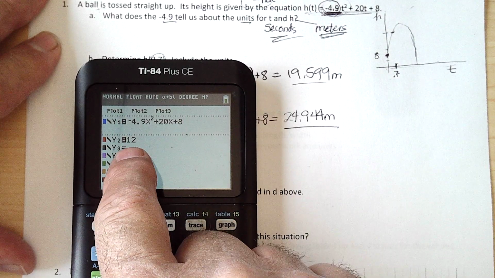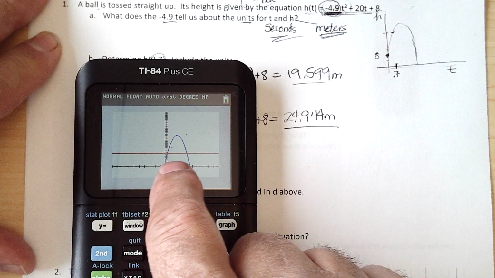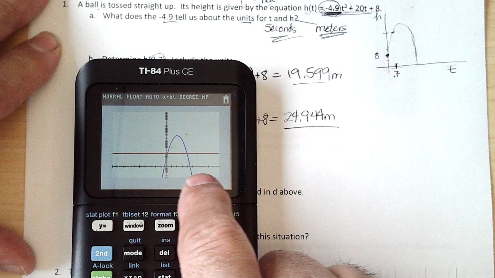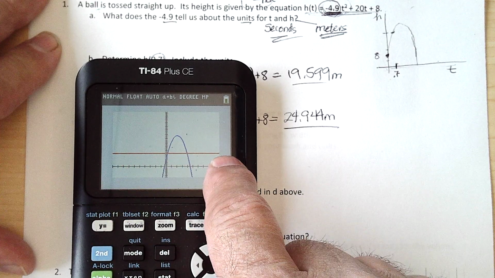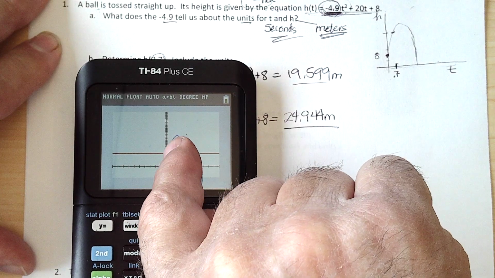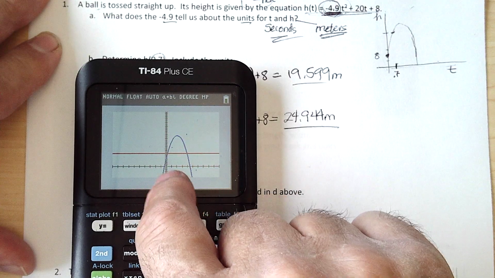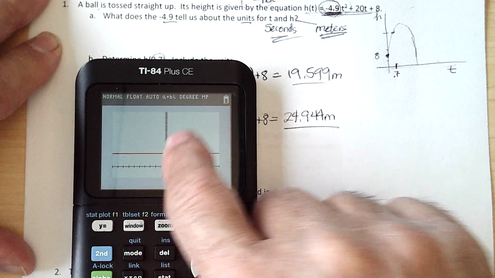And the second equation I typed in was 12. So here's how high it is as time passes. And we want to know when it's 12. So I just drew a line at 12. And where they intersect, the time will be the time it takes to get up to there, from 8 up to there.